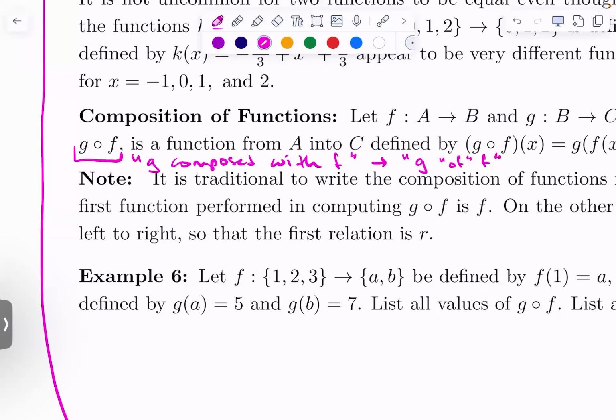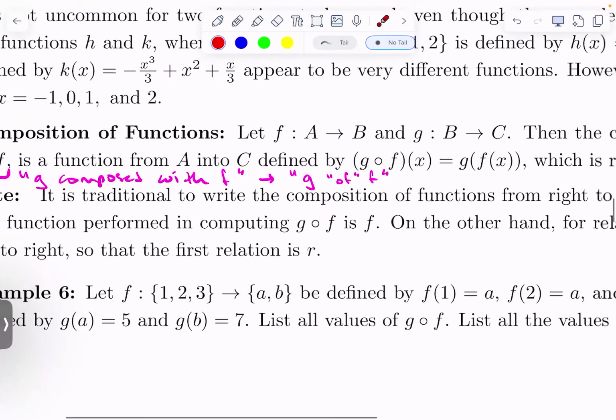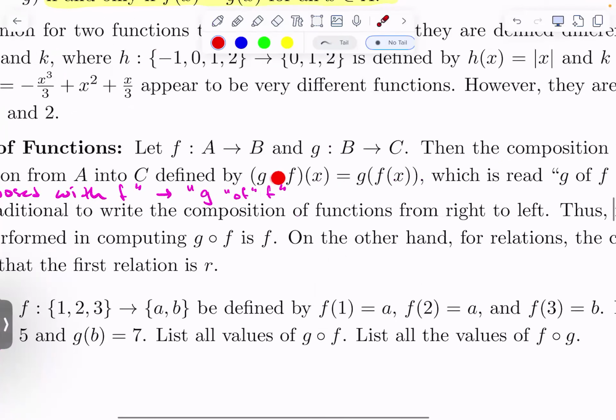That's lazy, but technically true, because g composed with f takes A to B and then B to C, so it takes from A and returns C or something in C. And so how we define it is we have g composed with f of x, so I give it some input, is the same as g of f of x.